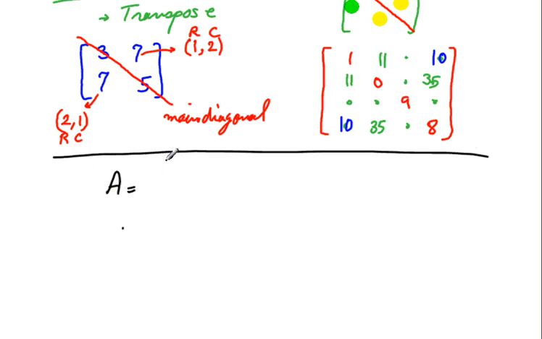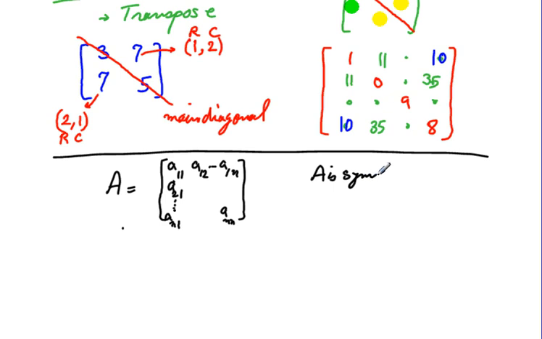A, which has entries, we call this A11, A12, and going down the road all the way to A1n, and then going down A21, A22, all the way to An1, and then finally Ann. We say A is symmetric if and only if the item that is seated at the location ij is exactly the same as the item that is seated at the location Aji.